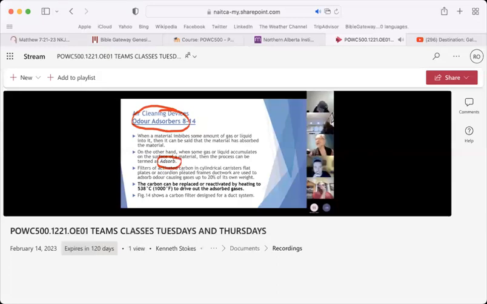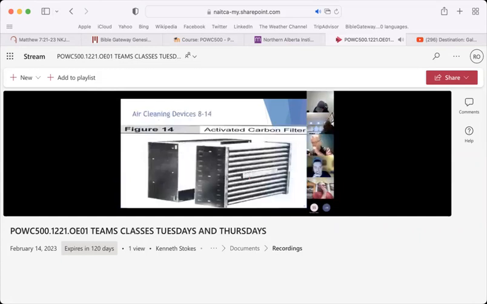Filters of activated carbon in canisters, flat plates or pleated frames, or ductwork are used to absorb odor causing gases. And these activated carbon filters can be heated up to remove those gases and then reused. It's not quite the same as cleaning, but it regenerates the activated carbon.